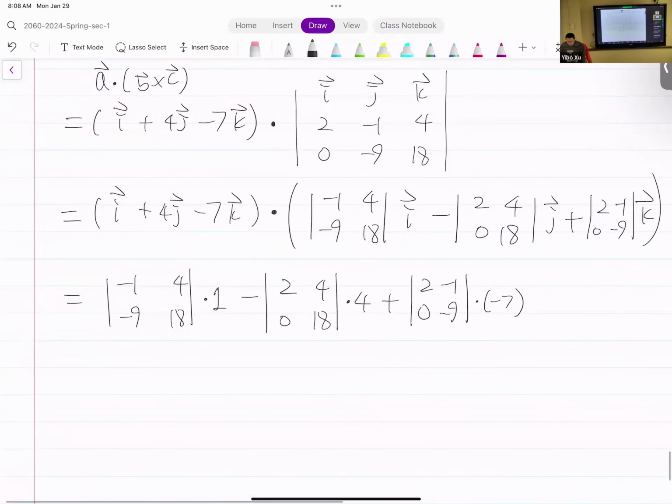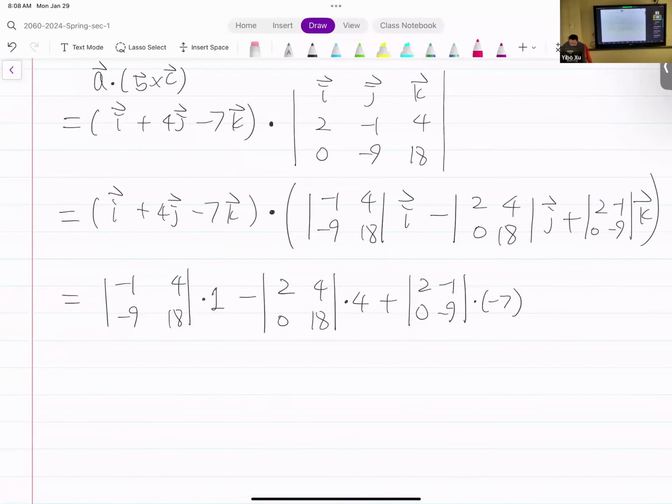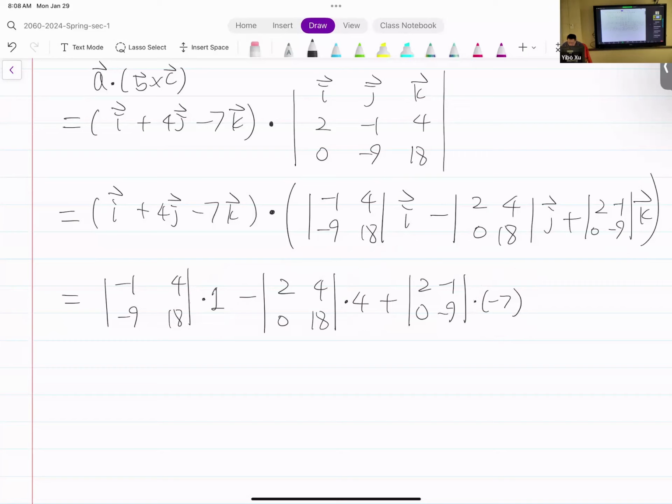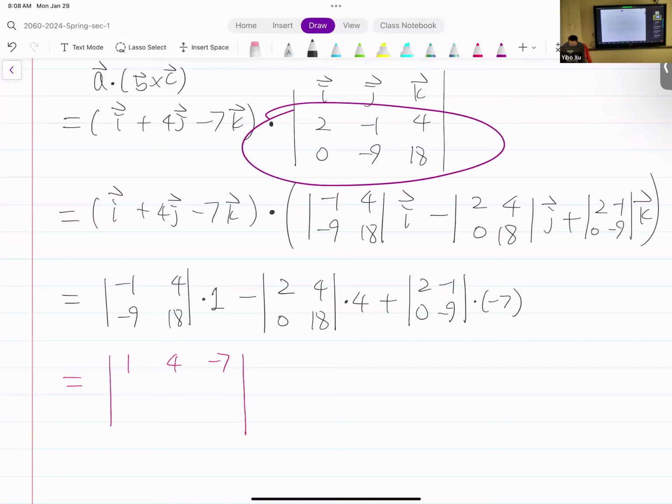Okay, so now a quick observation is the following. If you look at this, we just replaced the I, J, and K as scalars in this definition of the order 3 determinant. So we can write it as the order 3 determinant where we have 1, 4, and -7 on the first row, and then we just keep these numbers, the second row and the third row, just the same.